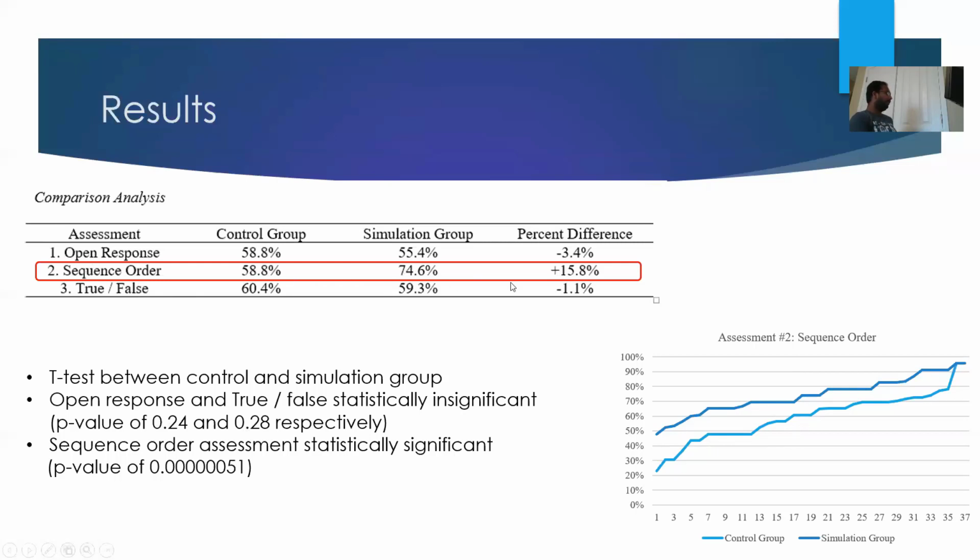However, when we looked at the sequence order of information, the results were statistically significant, with a p-value of, as you can see, 0.0000051. So this all conveyed that open response and true-false didn't really have any effect on learning for the materials and methods course, but when it came to sequential order, we saw some impact on learning.